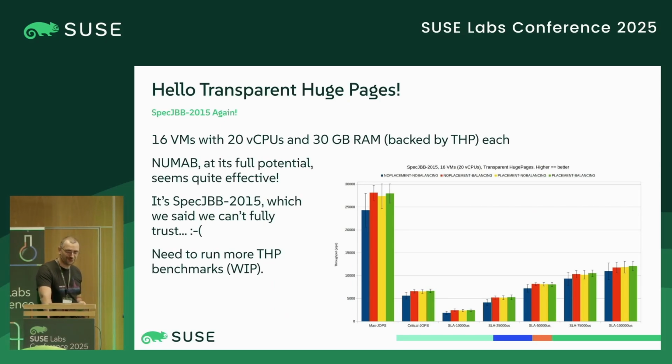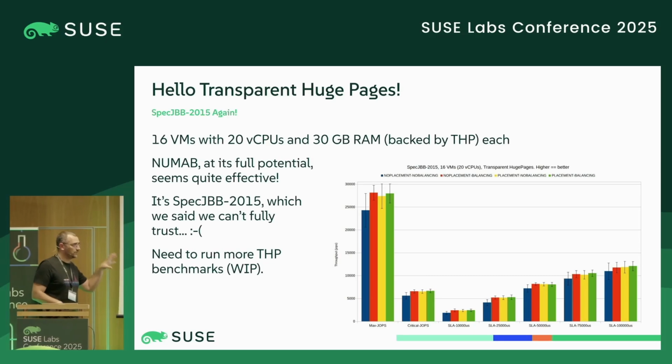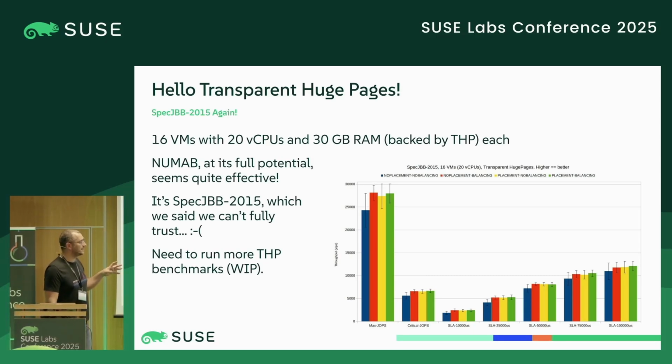What happens if we instead get rid of, and I don't have all the sets of the same benchmark, I only have a few of them, get rid of hugetlbfs huge pages, and we try with transparent huge pages. Then we discover that, at least for this workload and at least for this preliminary run that I did, it's true that automatic NUMA balancing is quite effective.